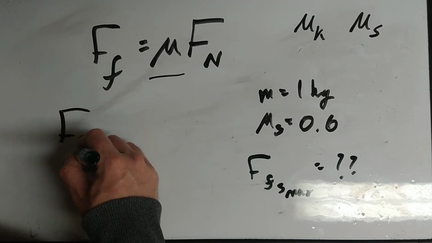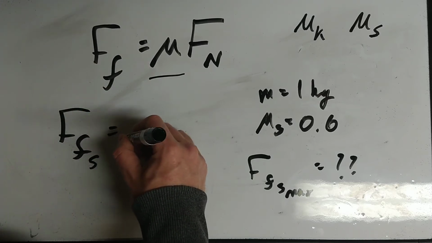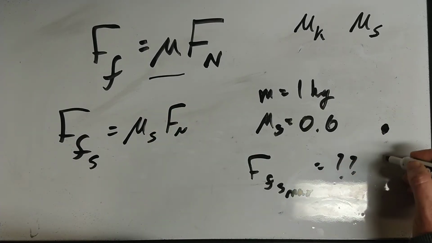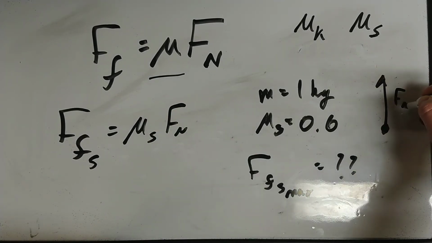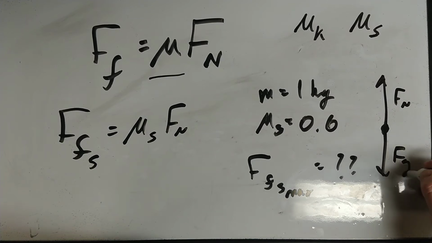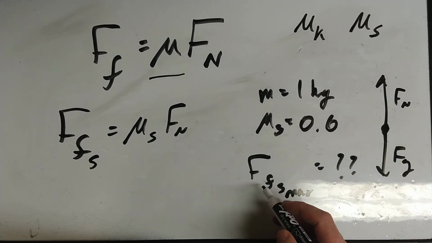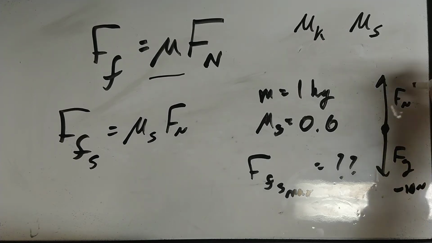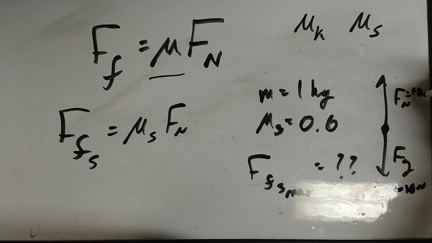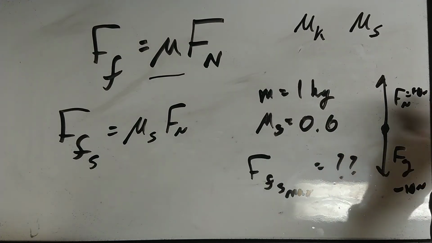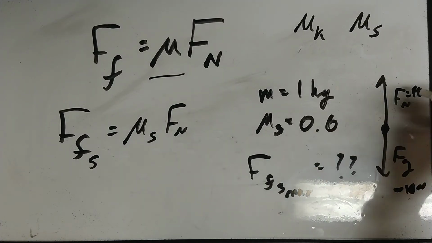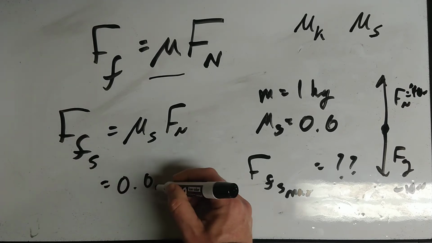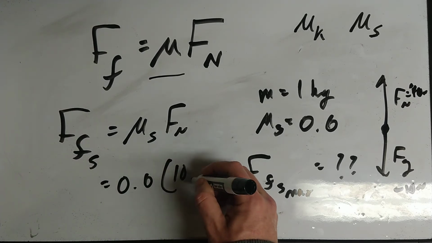That force of static friction is going to be equal to the static coefficient times the normal force. In this situation, and in most situations, Fn equals Fg. So Fg in this case is mg, which is about negative 10 newtons. Therefore, the normal force must be positive 10 newtons, the equal and opposite. So when I plug it in, I get 0.6 times 10 newtons.